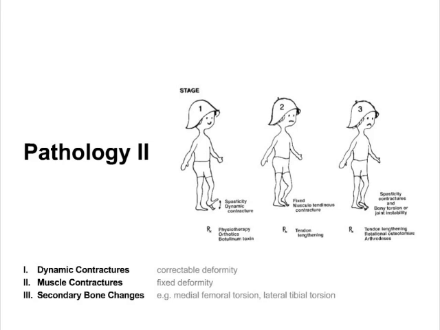This then leads to stage 3, where the spasticity and contractures have caused secondary bone changes because of the chronic forces applied. Most commonly, these are your medial femoral torsion and lateral tibial torsion. Where a muscle group and indeed a limb are along these 3 stages of deformity indicates which treatment option is appropriate.